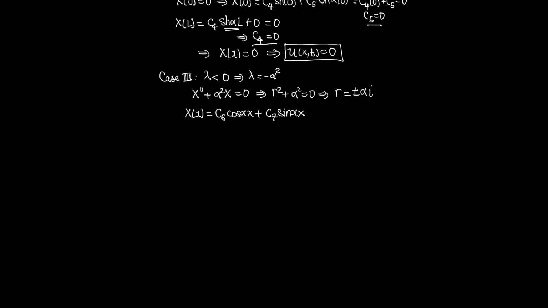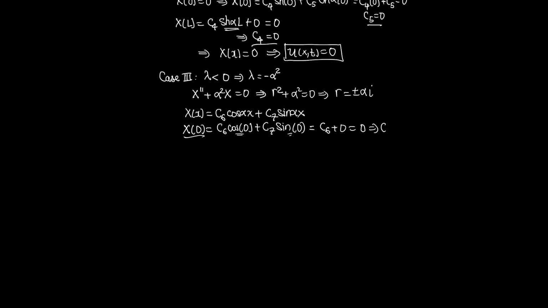Now I'm going to find again the constants. For X(0), I have C6 cos 0 plus C7 sine 0. Cos 0 is going to be 1, so I have C6, and sine 0 is 0, plus 0, and the condition for X(0) has to be 0.